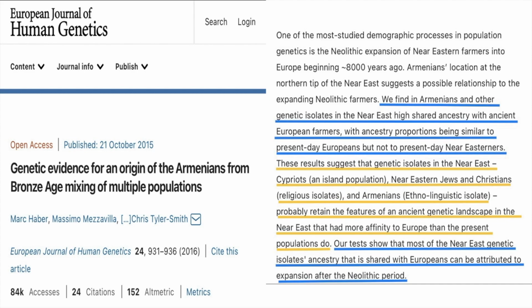So that's why Armenians are so important when it comes to us right now and to studies in general, that they represent an ancient genetic landscape in the Near East that had more affinity to Europe than the present-day populations do. And so basically we see that there is an ancient European non-Semitic component that resided in the ancient Near East, and this makes sense when you look into the ancient empires that existed in the Middle East.